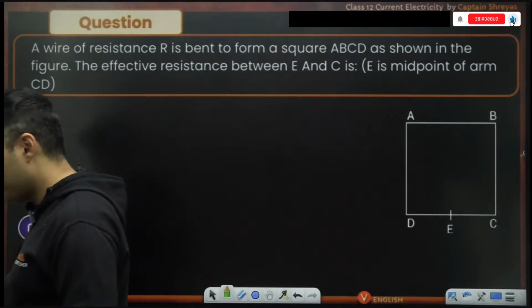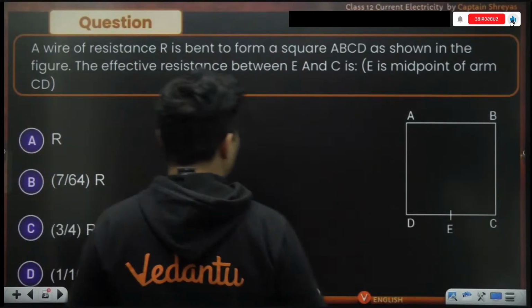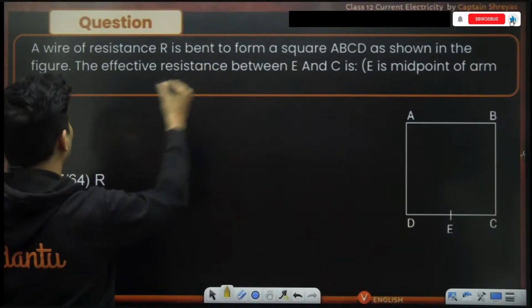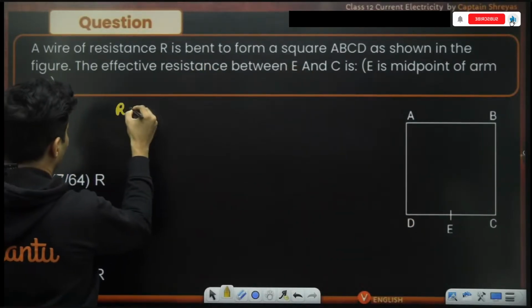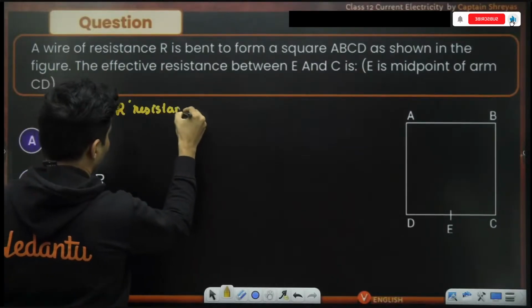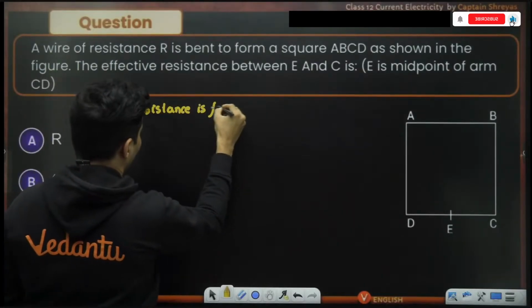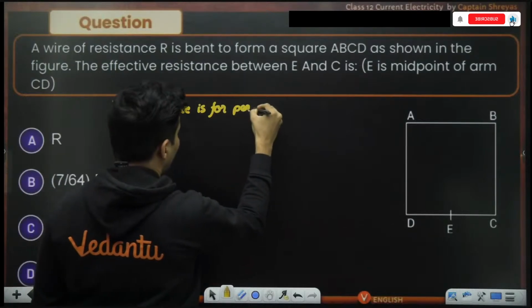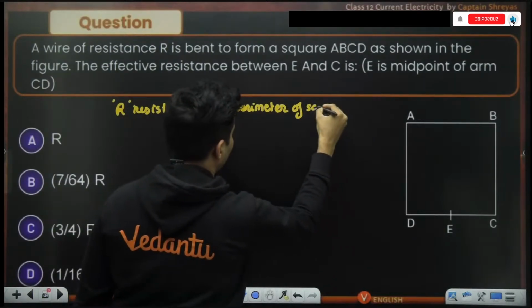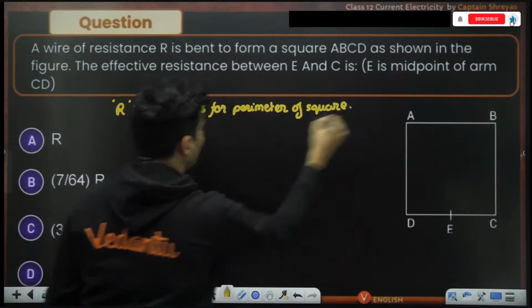Let's see. Now again, the total resistance of that wire is R, for the entire perimeter of that particular square.